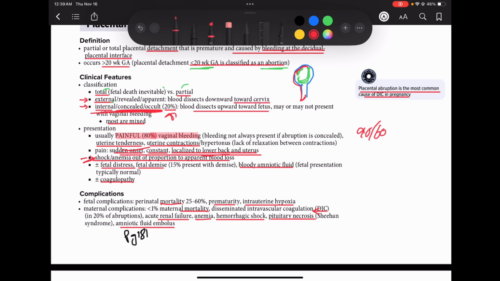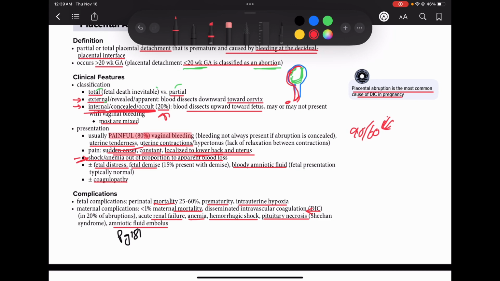Or even if it does, the vaginal bleeding would not be enough to explain the amount of changes in the vitals, right?